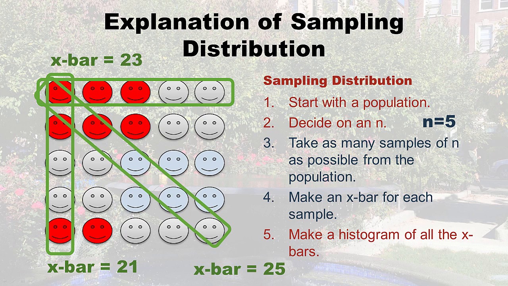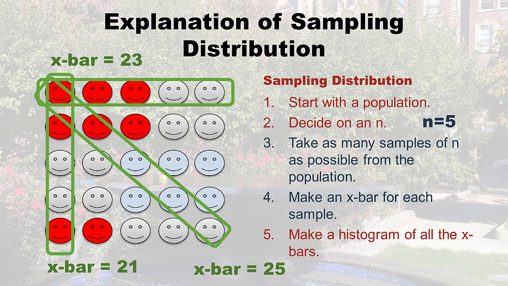Actually there's going to be a ton of these, right? There's a ton of different ones. But it's finite. At the end of the day, there's only so many groups of 5 I can get out of this population on the slide. Each group of 5 is going to have its own x bar. So I could write down every single one of those x bars for every single group of 5 I can make out of this.